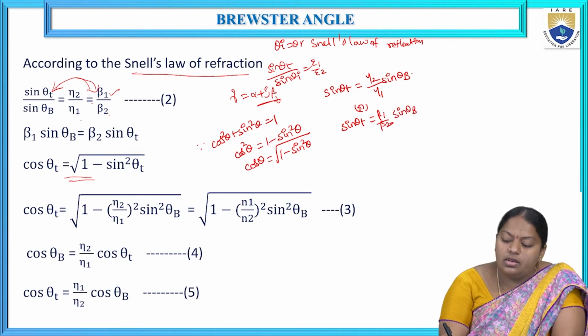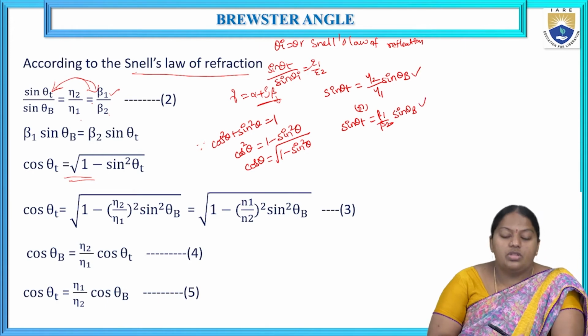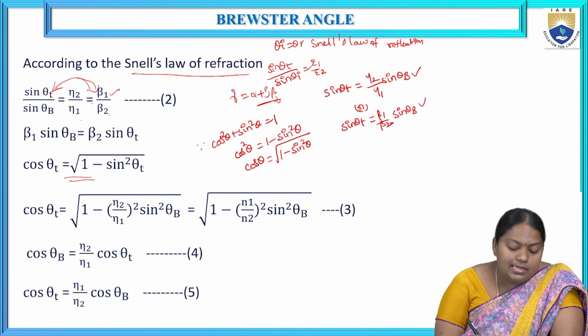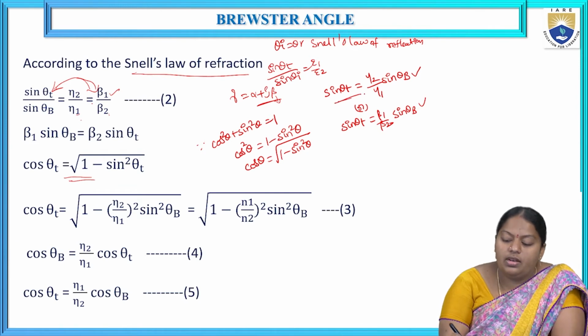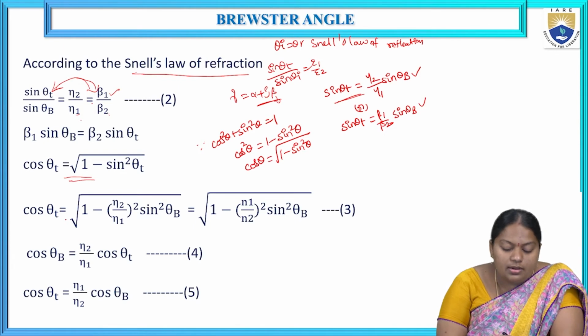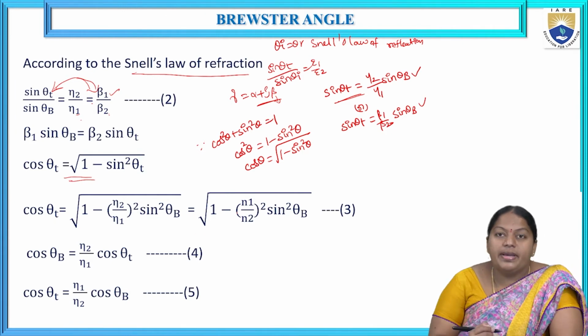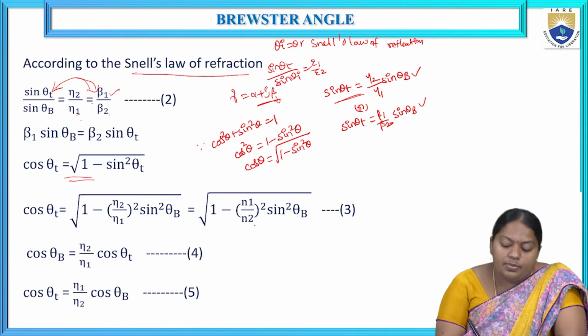We can consider any of these two relations to derive the Brewster angle. So now, in place of sin square theta t, we are considering sin theta t equal to eta 2 by eta 1 into sin theta b. This one we will consider. Now cos theta t equal to root over 1 minus eta 2 by eta 1 whole square sin square theta b, which is equal to root over 1 minus n1 by n2 whole square into sin square theta b.